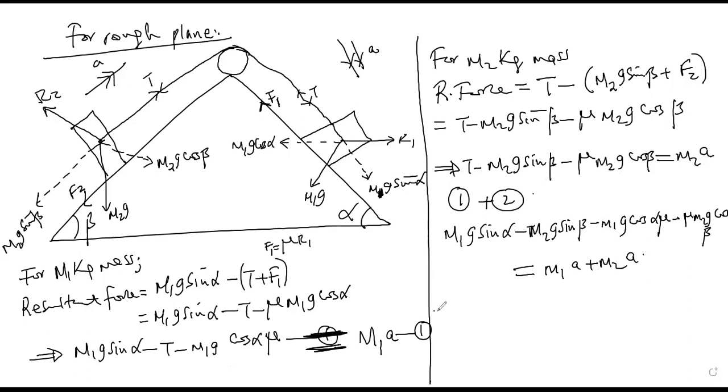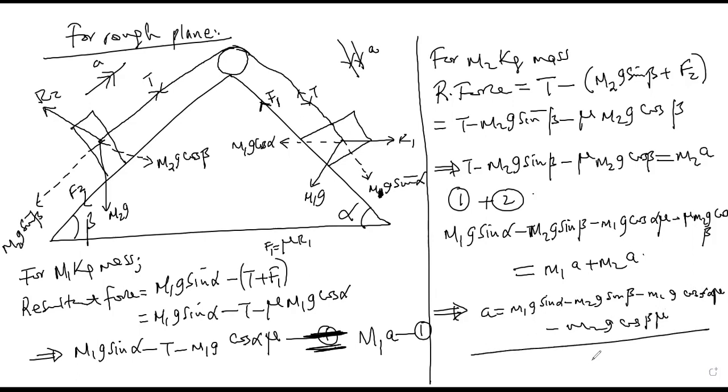So overall, when you factorize out, a is going to become m1g sine alpha minus m2g sine beta minus m1g cos alpha mu minus m2g cos beta mu, everything over (m1 plus m2).